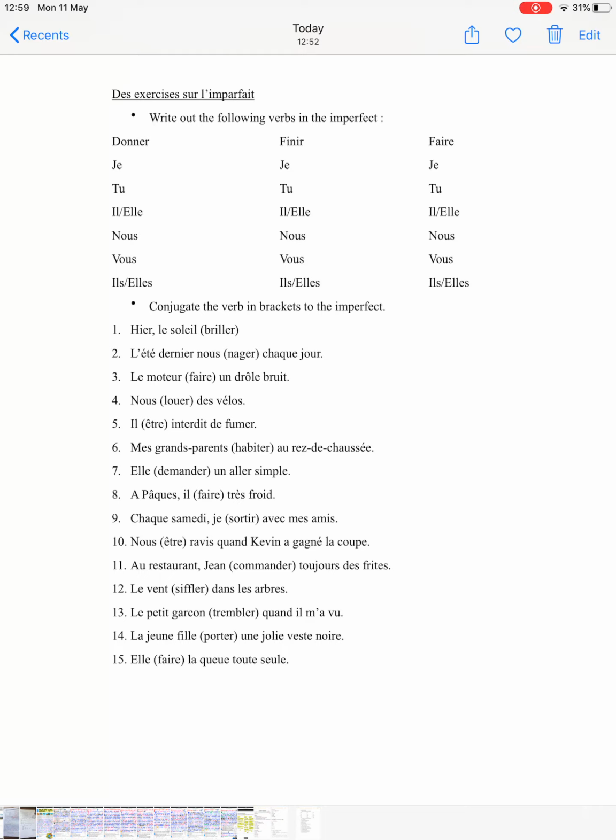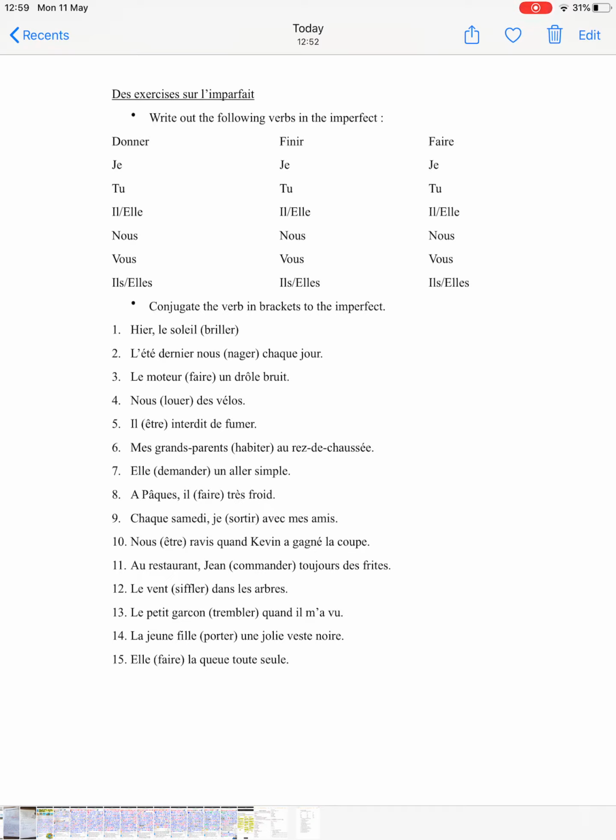So just watch there. Anytime you have a singular noun, like le soleil in the first one, or le moteur, number 3, when it is a singular noun, it is the third part of a verb that you use. So it's the third part ending, the il, that you will put on for those. If it's plural, like number 6, mes grands-parents, my grandparents, in that case you would put in the last part ending, the ils.